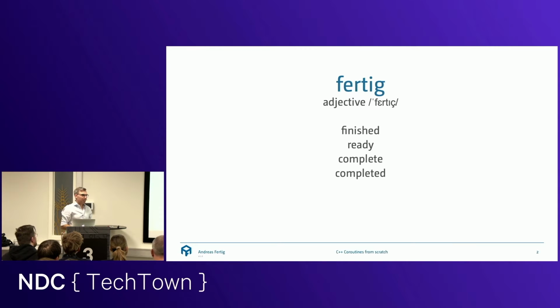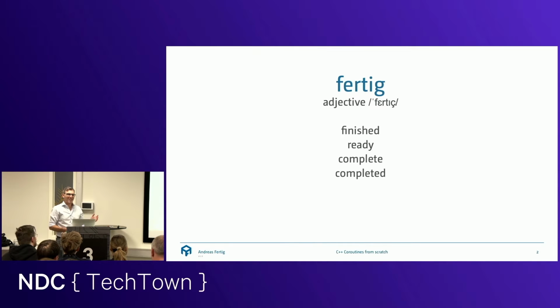I'm German, by the way, and my last name might not be the most typical German name. There are others like Müller or Schmidt, but nonetheless, it's a very German word. My last name is Fertig, and despite me being older than 40 years now, I still pronounce my last name wrong.